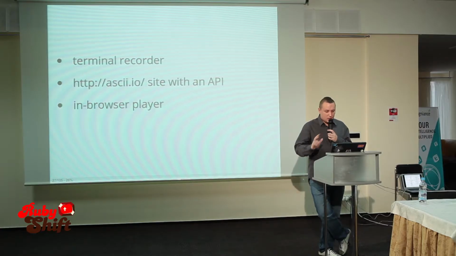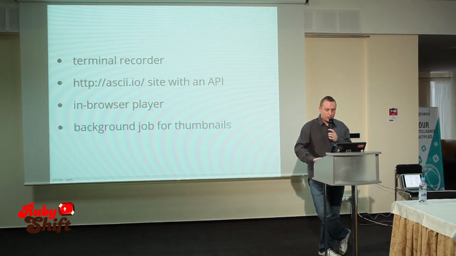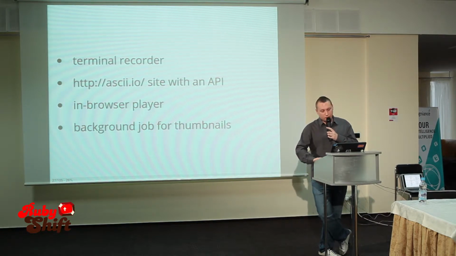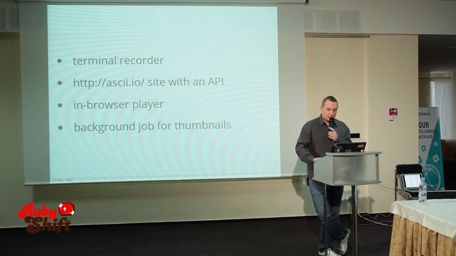There's the site, which plays back the recording. The site has the player inside of it on the page, and there is a background job that creates thumbnails of these ASCII casts.